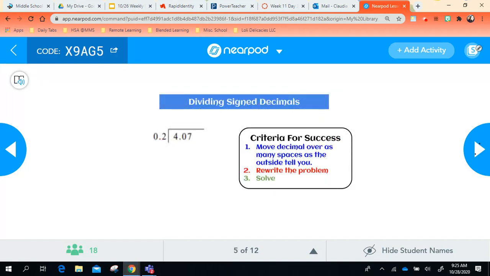Okay, so we're going to look at dividing signed decimals today. I didn't print it out for you because you're going to write it down. So we have our example problem and we have our criteria for success. Remember to write down the title, the problem, and the criteria for success, which is your steps to accomplish the problem. I'm going to give you a second before we start working it out.